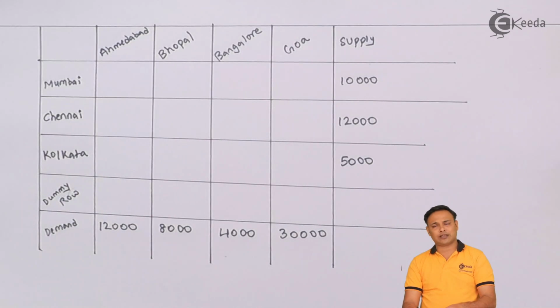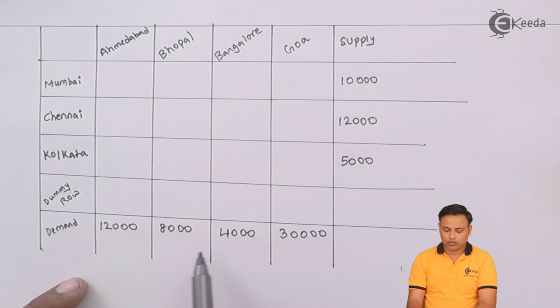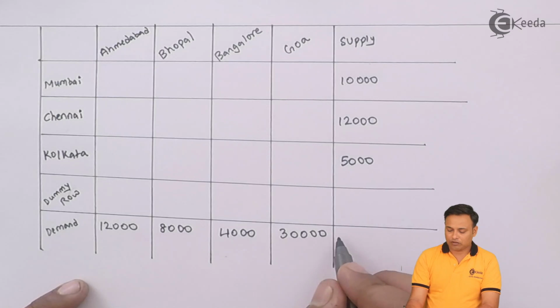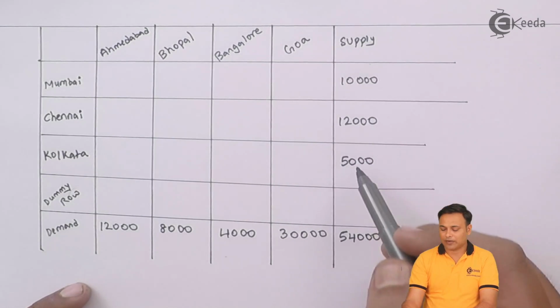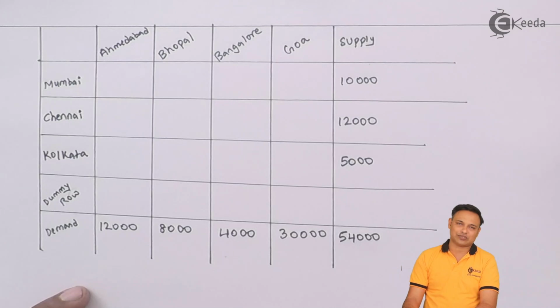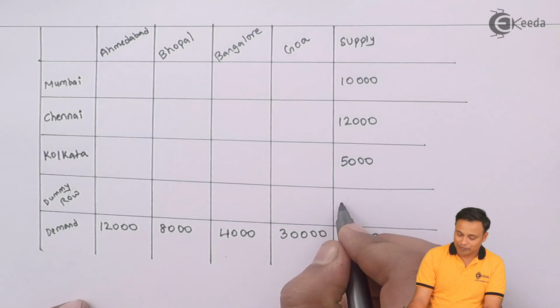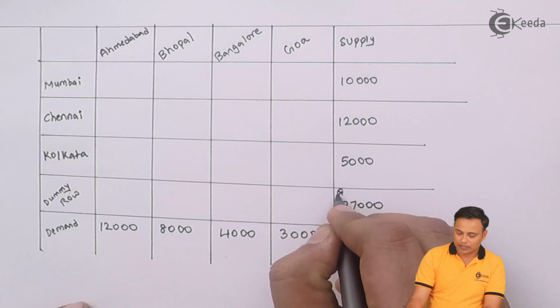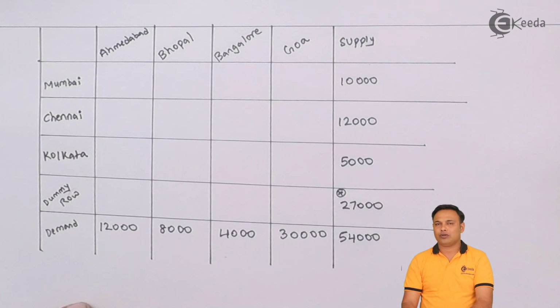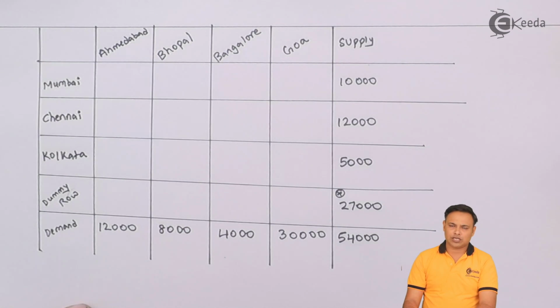So friends, we can see that my total demand comes to about 54,000, whereas my total supply comes to only 27,000. So we need to add a dummy of 27,000. This is my dummy row I have introduced just to balance the problem.